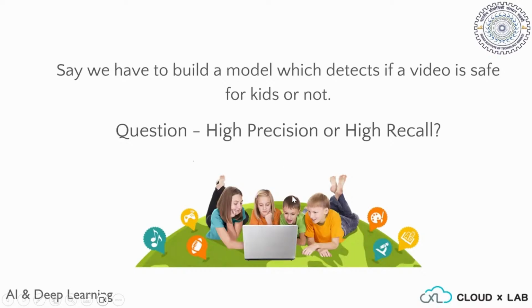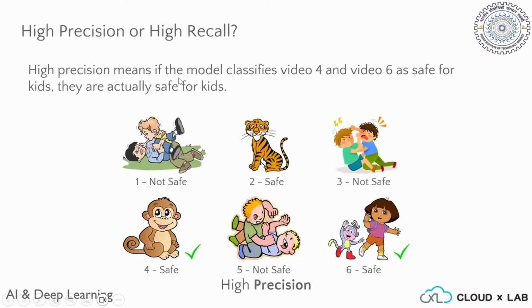So let's take these examples. Here some fighting is going on, so this video is not safe for kids. Similarly, this video is safe, again this video is not safe, this video is safe, right? So these are the ground truth, the actual outputs we are having.